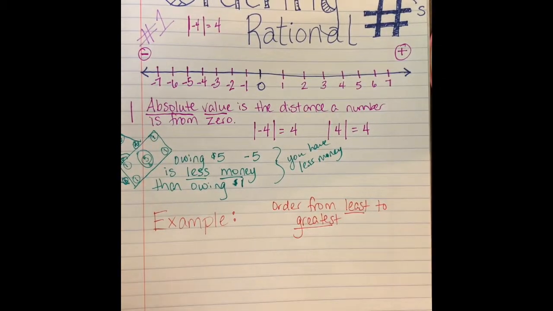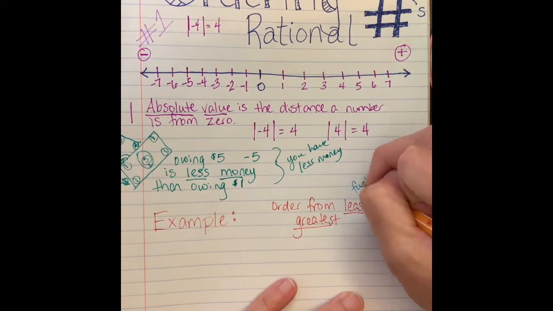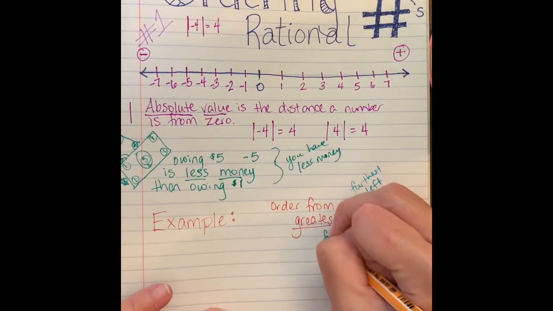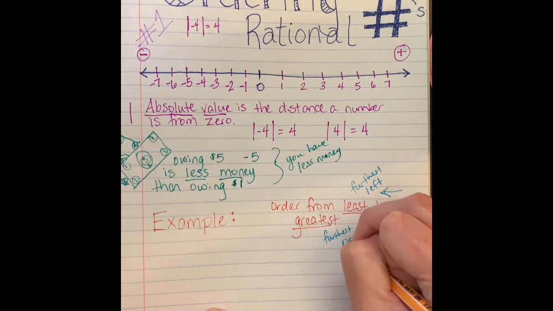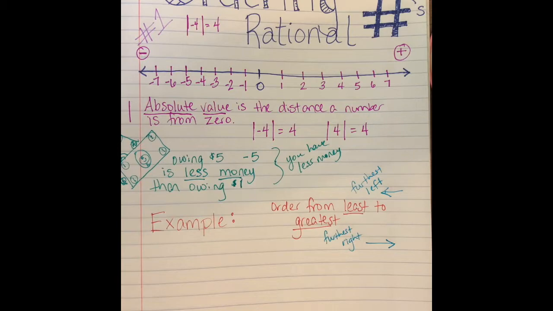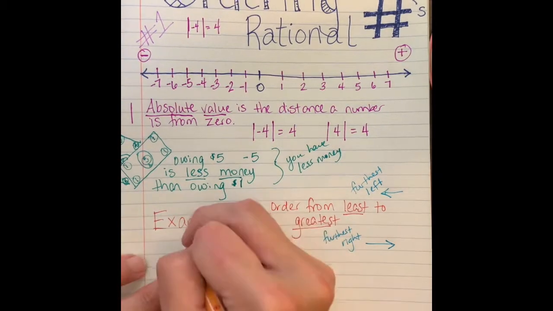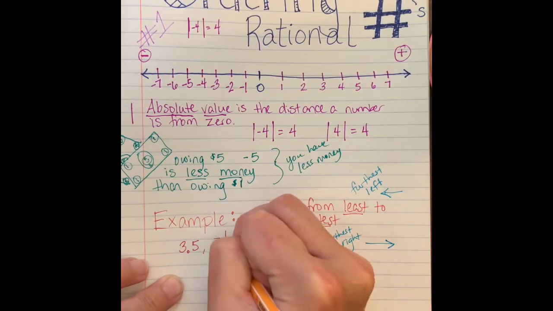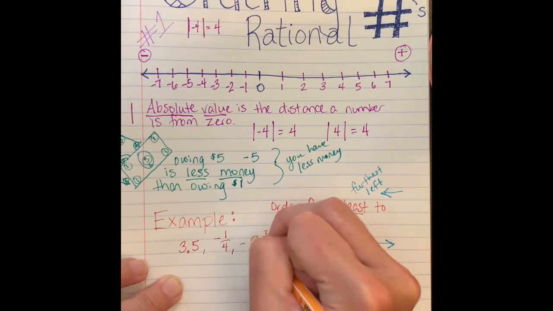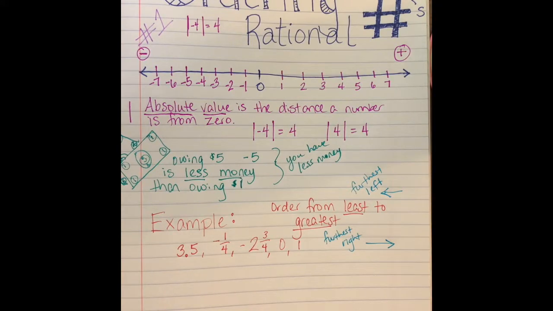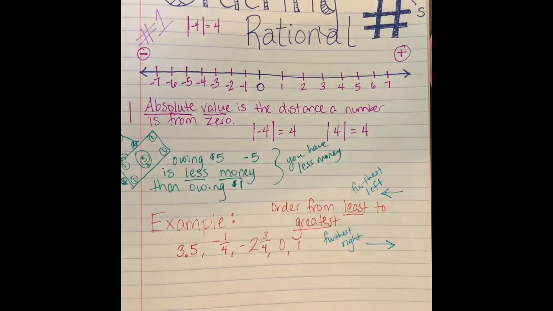So least means furthest left, or this direction, and greatest means furthest right, which is that direction. The numbers we're going to be ordering are 3.5, 3 and 5/10, -1/4, -2 and 3/4, 0 and 1. And we're going to use this number line up here to help us.